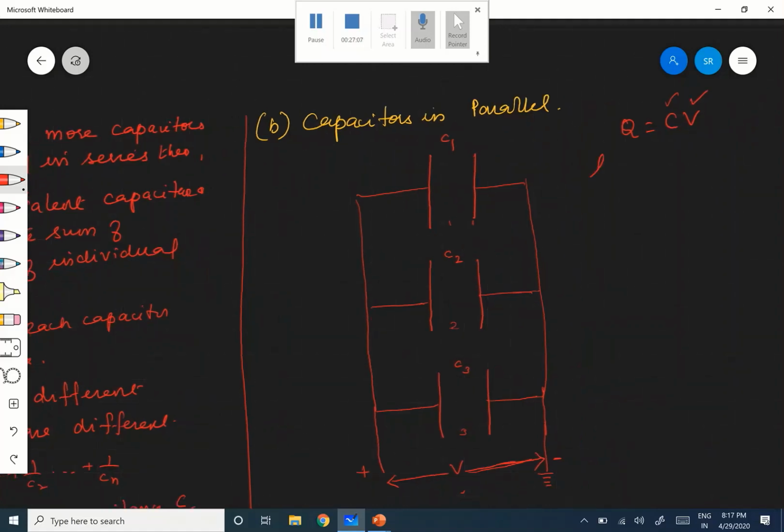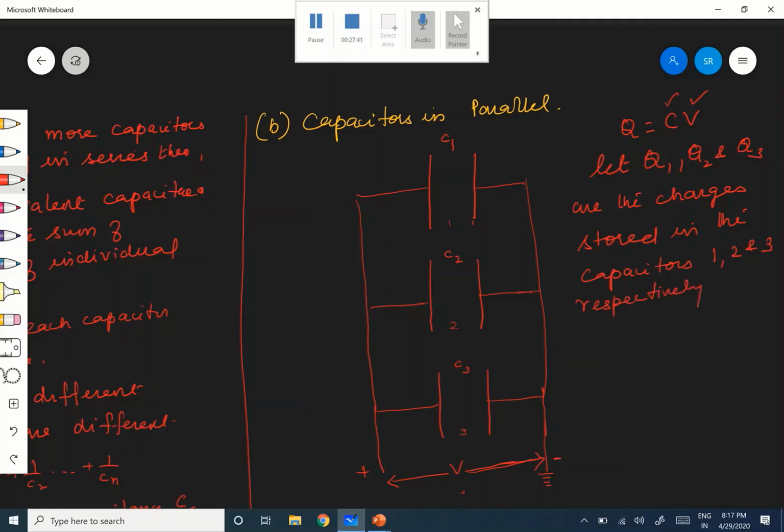Let Q1, Q2 and Q3 be the charges stored in capacitors 1, 2 and 3 respectively.